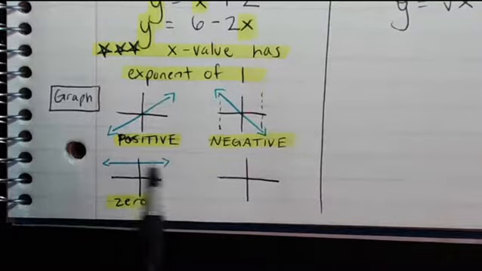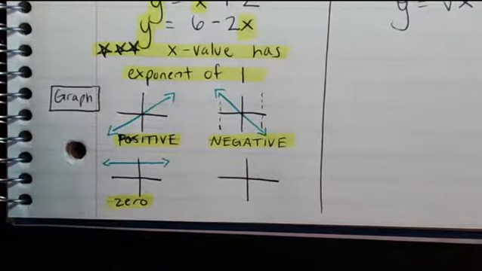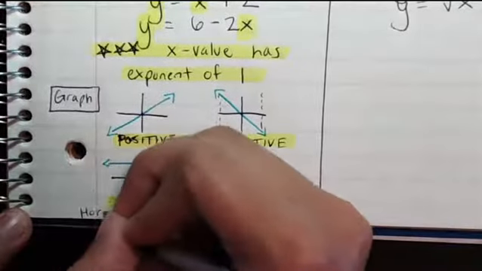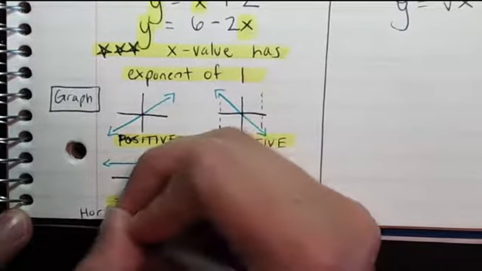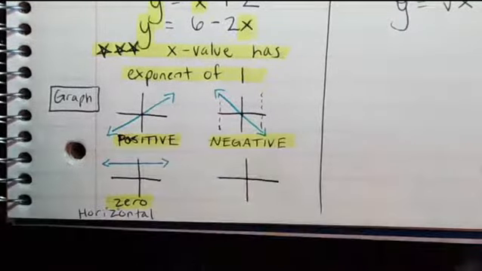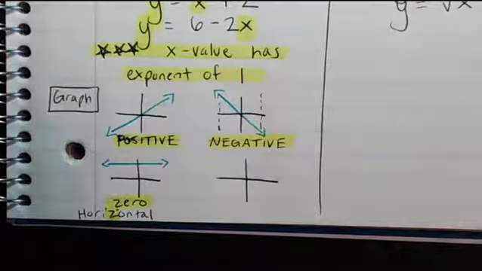Is this a vertical line or horizontal line? It's a horizontal line. So whenever you see a horizontal line, you know it's a zero slope. The reason why is because horizontal, I have a capital Z. That's how I remember it. Horizontal line has a zero slope.